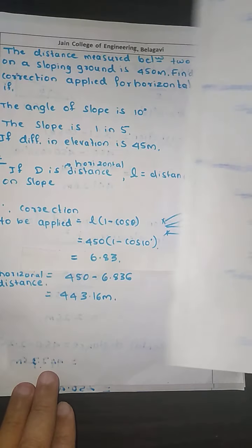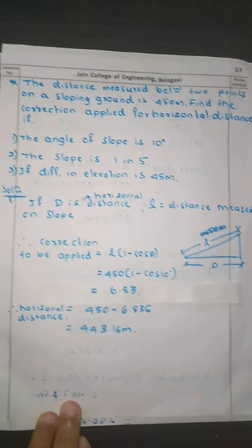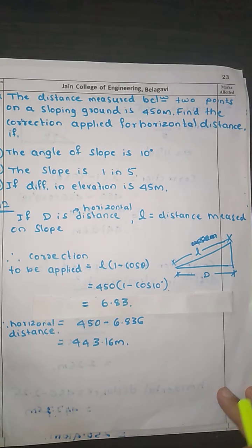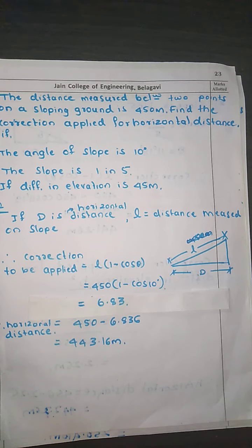Okay, so we'll solve the next type of problem. The distance measured between two points on a sloping ground is 450 meters.